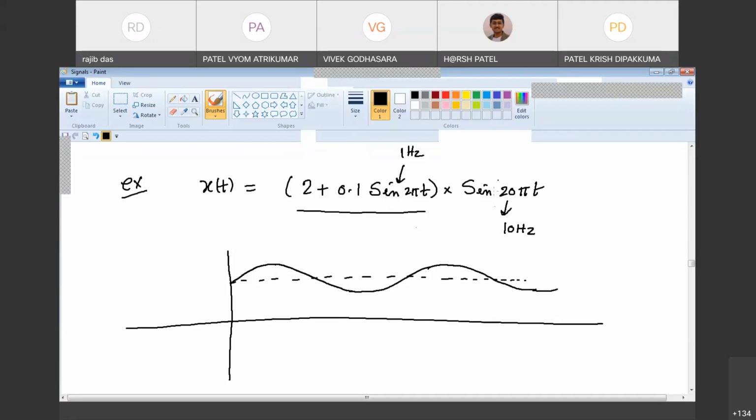When it attains this maximum value, it can touch to this one.